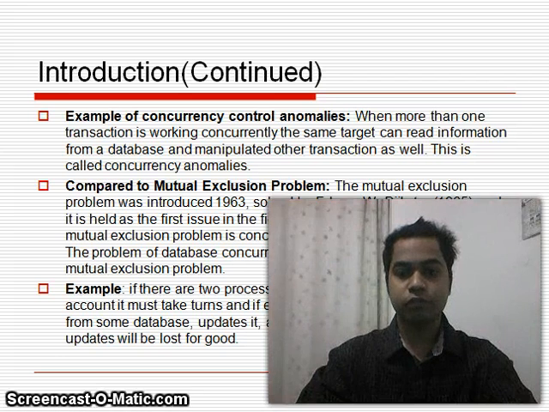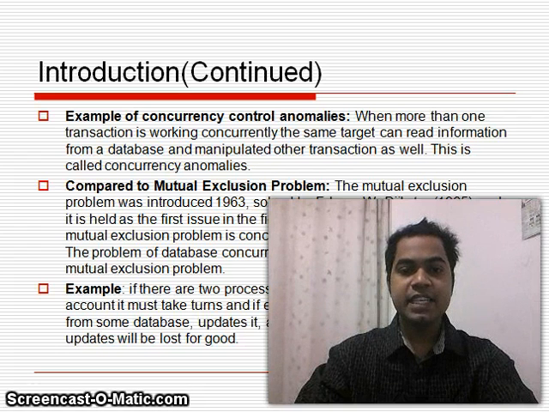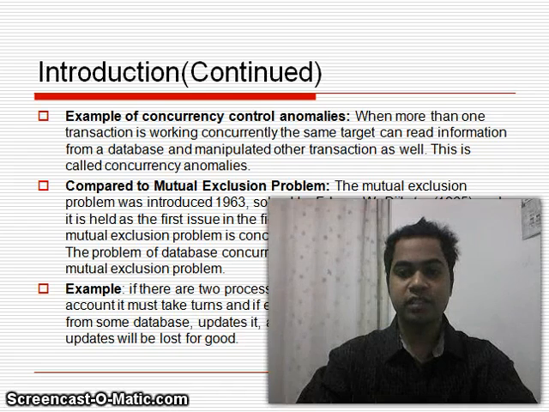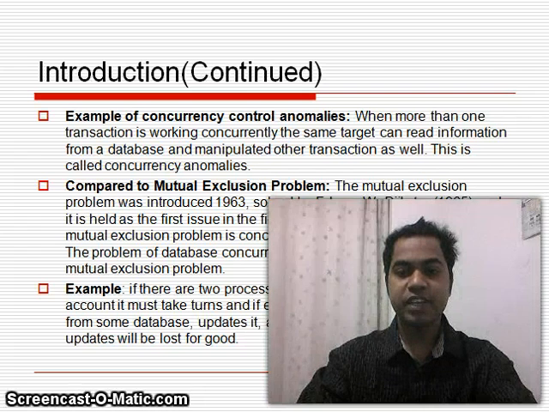Compared to the mutual exclusion problem. The mutual exclusion problem was introduced in 1963, solved by Edsger W. Dijkstra in 1965. And it is hailed as the first issue in the field of concurrency algorithms. The mutual exclusion problem is concerned with I/O devices, storage, CPU.